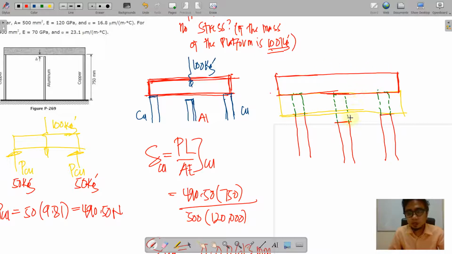So if we're going to label that, this is the deformation due to T of the copper, and then this is the deformation of the aluminum.